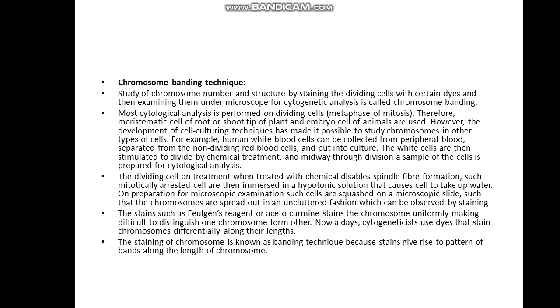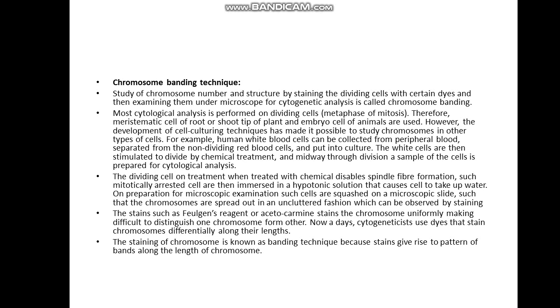However, with cell culturing techniques, it is possible to study chromosomes in other types of cells also. Human white blood cells are collected from the peripheral blood, separated from non-dividing red blood cells, and put into culture. The white cells are then stimulated to divide by chemical treatment, and midway through division, a sample of the cells is prepared for cytological analysis.